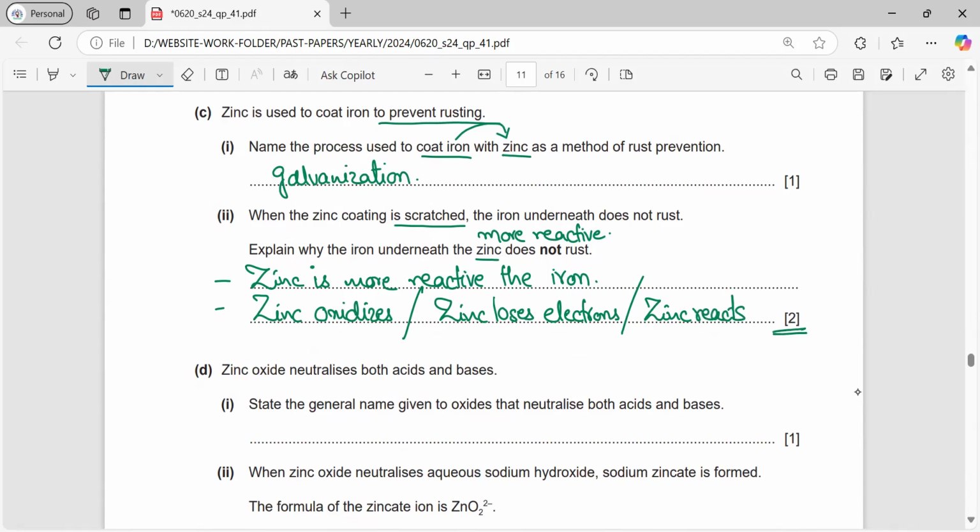We can write any of these three things, then in preference to iron. So zinc oxidizes quicker than iron, or zinc loses electrons in preference to iron, or zinc reacts in preference to iron.